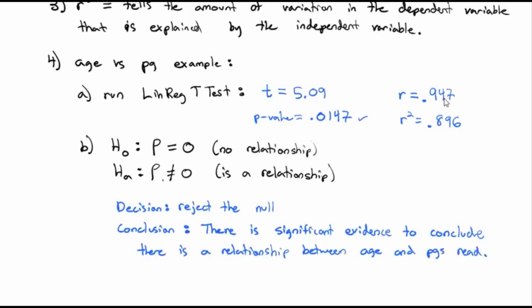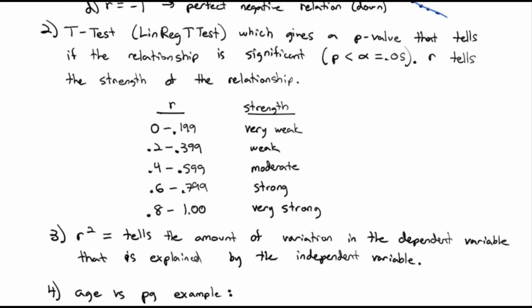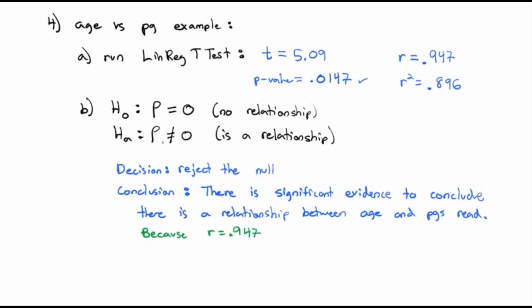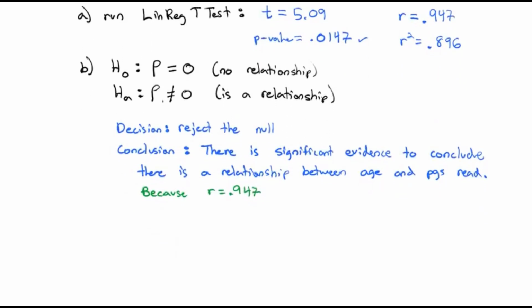But we can expand on that conclusion a bit and say, because r is equal to 0.947, which if we scroll up in our notes, we see that puts us in the very strong category between 0.8 and 1.0, we can say the relationship is very strong.